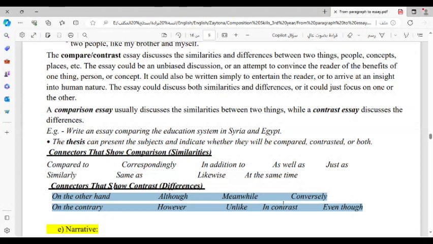Is it clear? Yes, it's clear. I will say it again. For example, you can say teachers' salary in public school are low, full stop. Conversely, comma, salaries of private institutions teachers are higher.